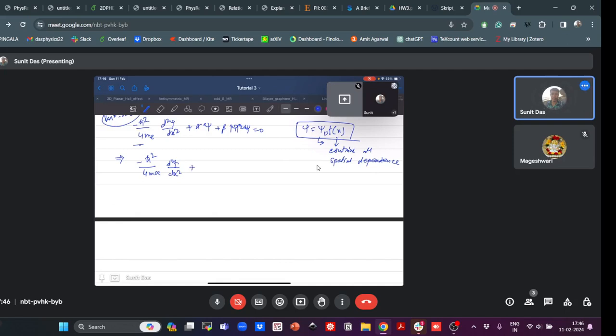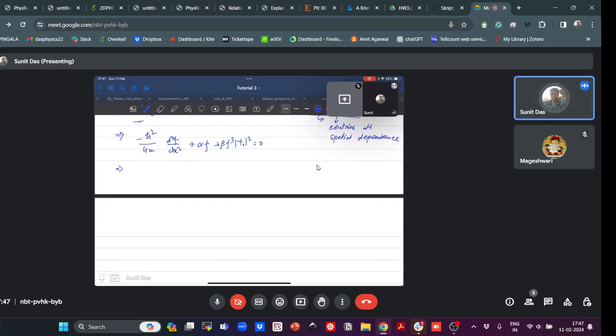Plus, or rather, let me go to another extra step. αf plus βf³ |ψ₀|² equal to 0.